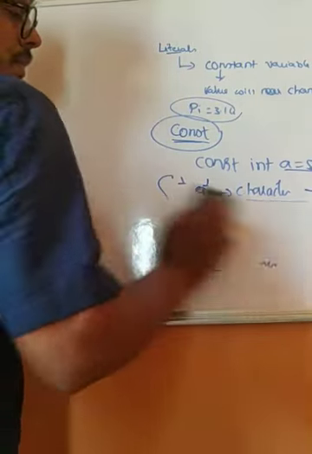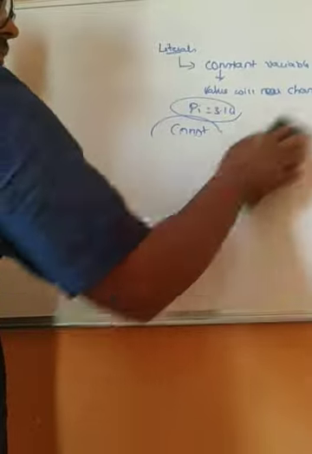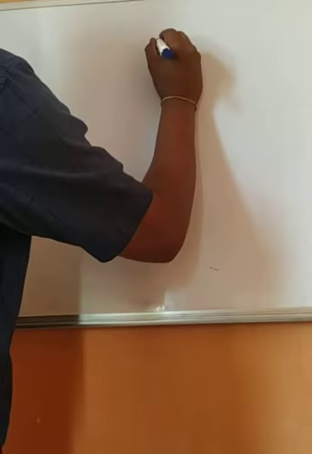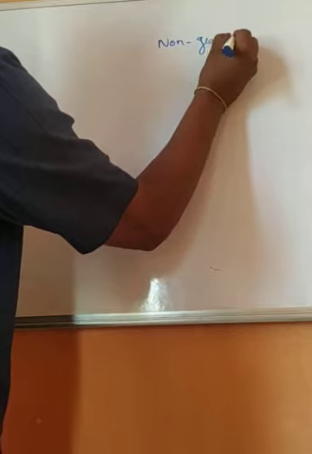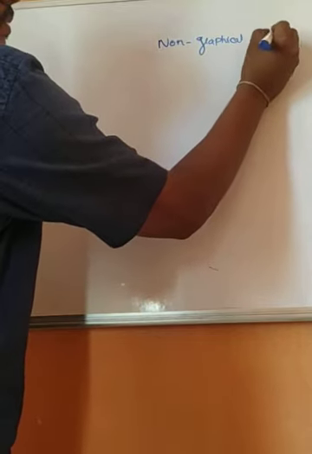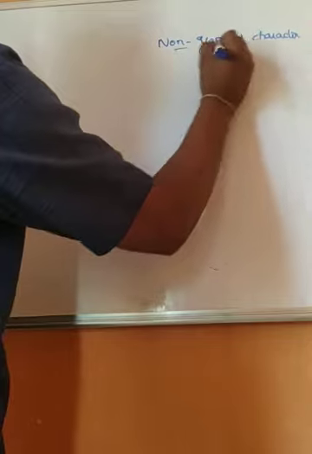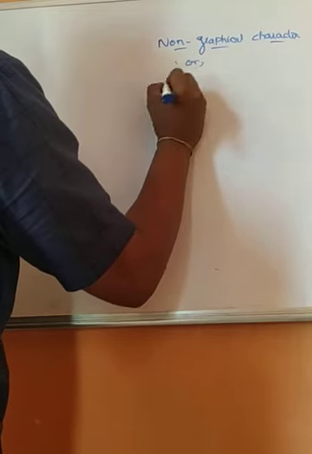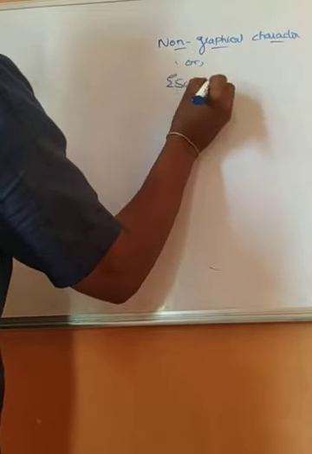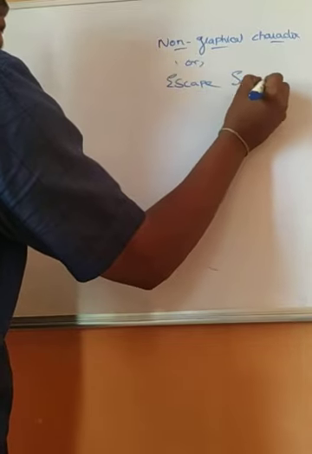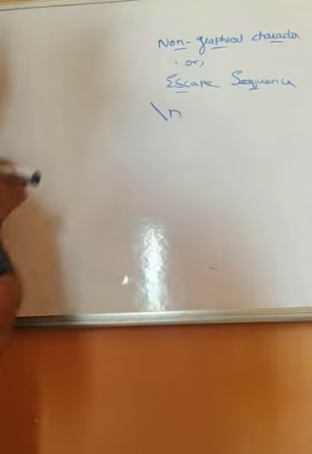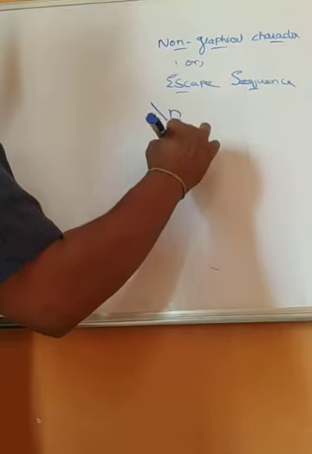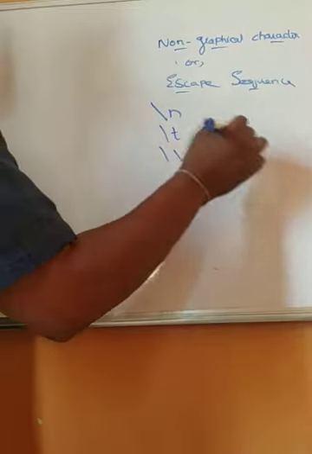The next one which I am going to see is non-graphical characters, which we can also call escape sequences. \n is for new line, \t and \v are horizontal tab and vertical tab.